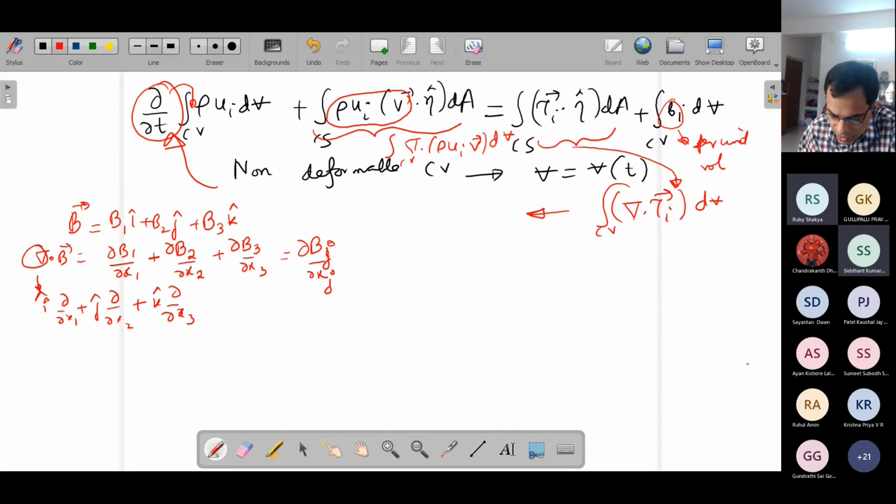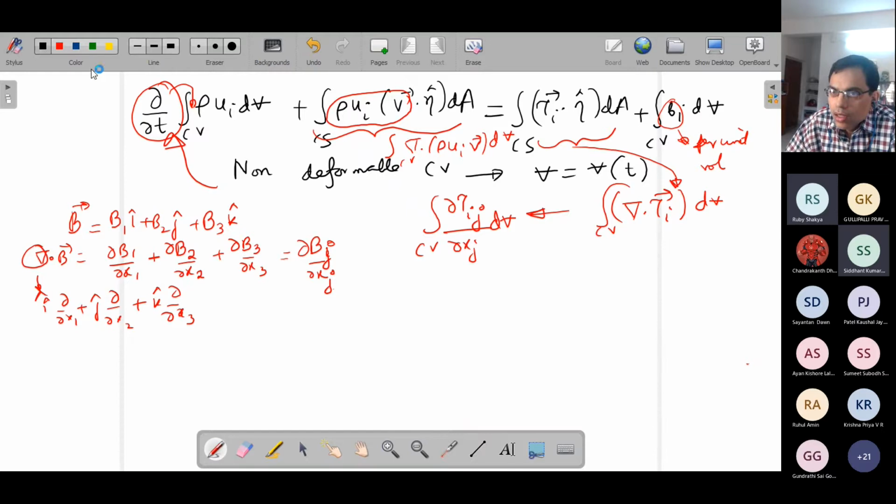These two indices are the same, and you have the repeated index, that means it's a summation. So in the same spirit, this is the volume integral. So exactly the same notation, where the name of the vector here was v, here it is tau I. That's all.